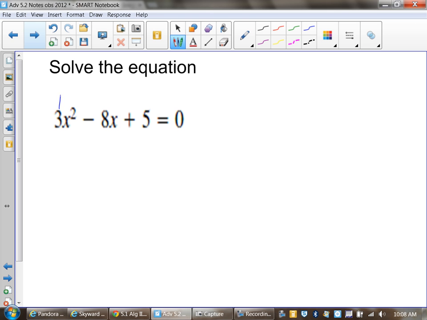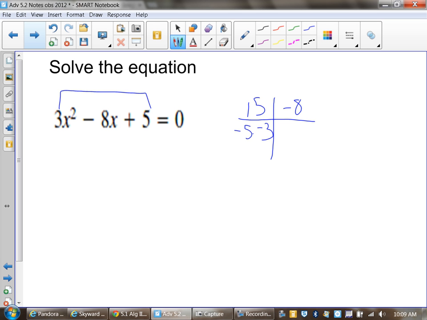Here's what you do. What's 3 times 5? 15. What are your factors of positive 15 that add to get negative 8? Negative 3 and negative 5.